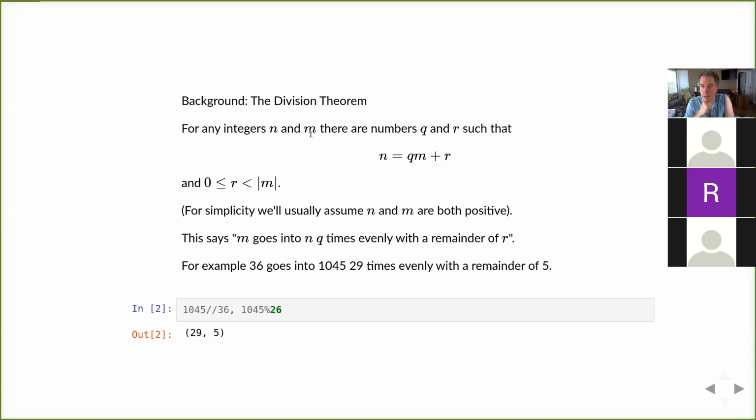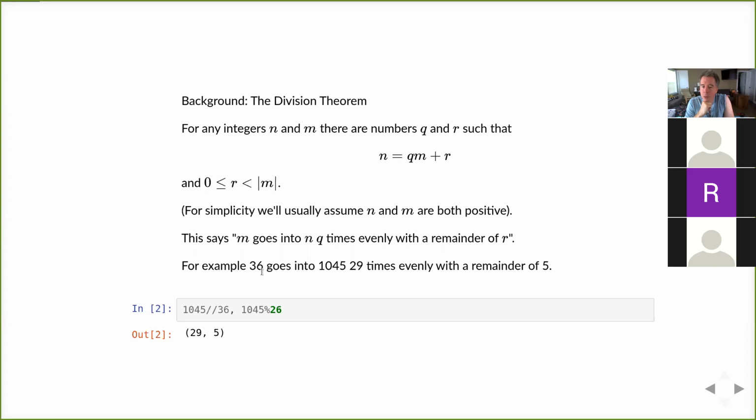Integers can be negative, that's why there's the absolute value sign here. But r is going to be strictly less than m, because if r were bigger than m, then you could make q bigger. You could factor the m out of these two parts, and then q would increase. So it's necessarily the case that the remainder is between 0 and m.